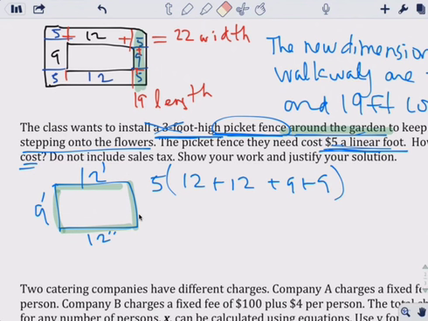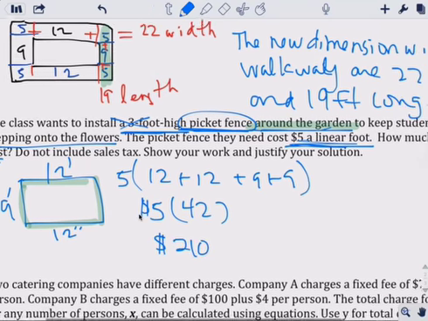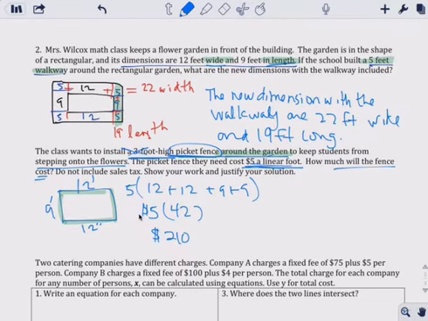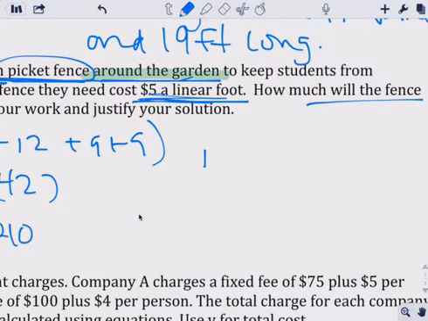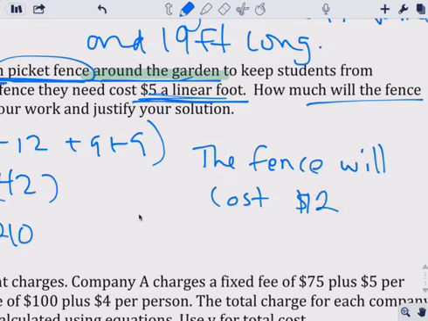Just to make sure, 24 plus 18 equals 42, times 5. $5 for each one. Times that by 5, you get $210. So how much will the fence cost? The fence will cost $210.